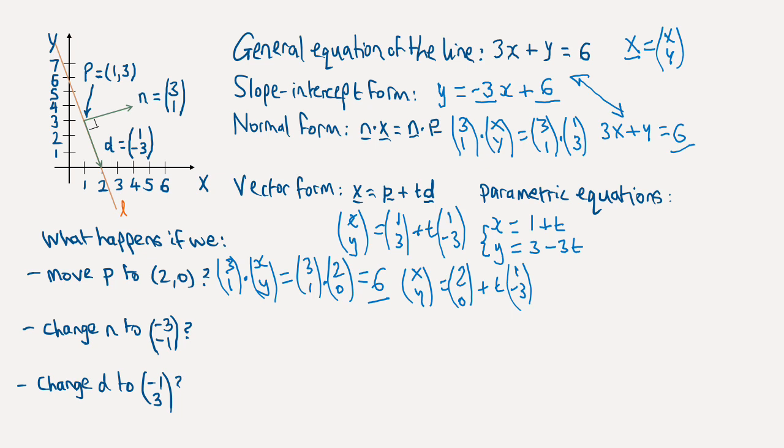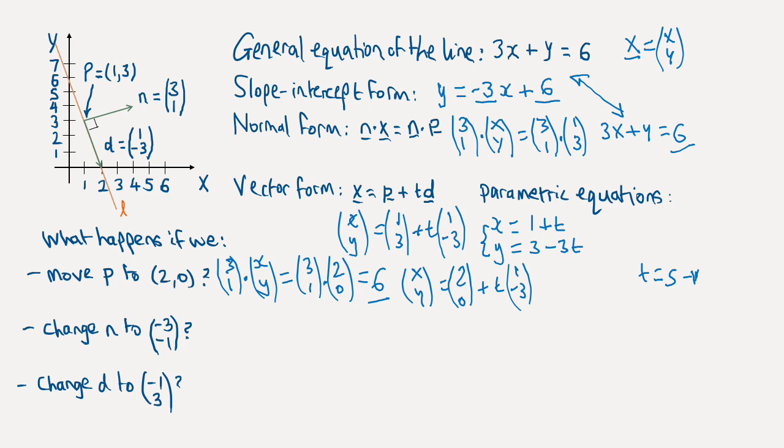For example, if I shifted it to, let's say, s minus 1. Whether I use s or whether I use t, it doesn't really matter. So let's shift it to s minus 1.